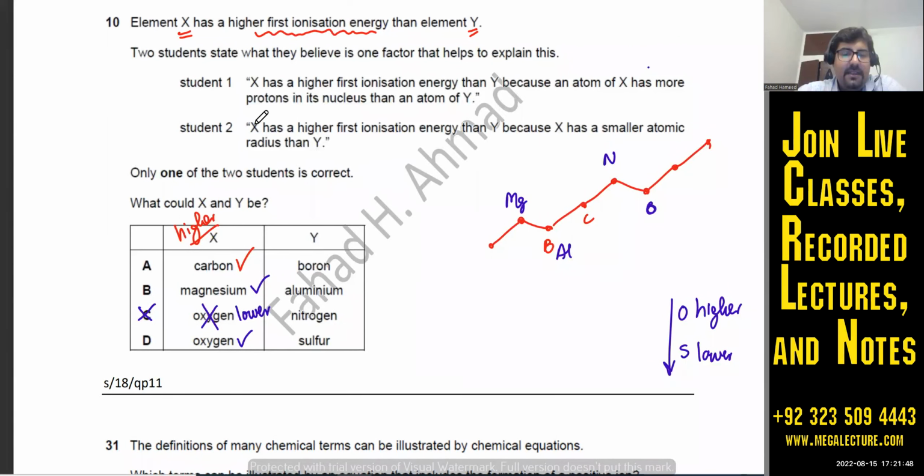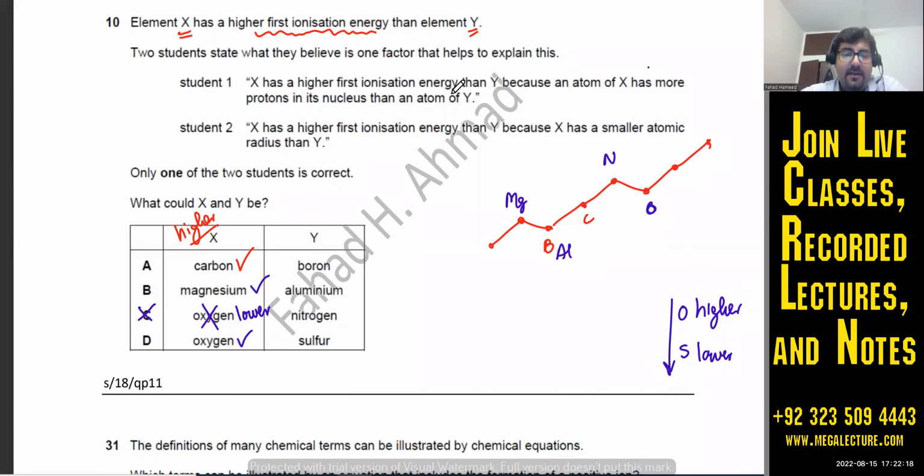Now he says that 2 students state what they believe is one factor that helps to explain this. So we're looking for the explanation now. Why is X higher than Y? So the students are trying to figure out why. The first one, let's talk about student 1. The first one states that X has a higher ionization energy than Y because an atom of X has more protons in its nucleus than an atom of Y. Now, is that true?